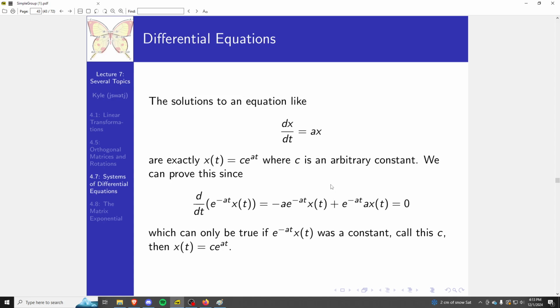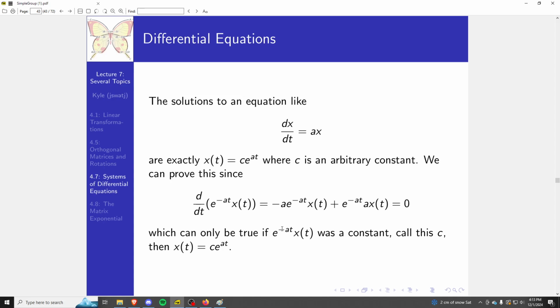And we see that the derivative equates to 0 when plugging in this function, which can be true only if, they actually multiplied this to the other side and then took the derivative of that and saw that it was 0, which can only be the case if this expression here is equal to some constant.